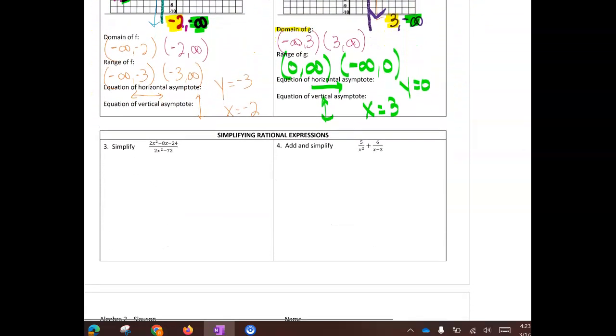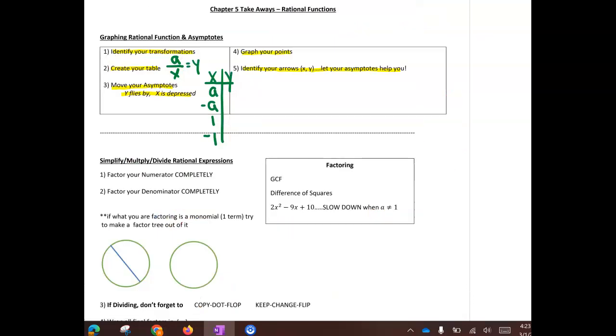Let's go into the simplifying. So let's remind ourselves on the takeaways what that is going to entail. We need to factor our numerator completely. We need to factor our denominator completely. And if what you're factoring is a monomial, like 8x squared, you could take 8 into 2 and 4, and then take 4 into 2 and 2.